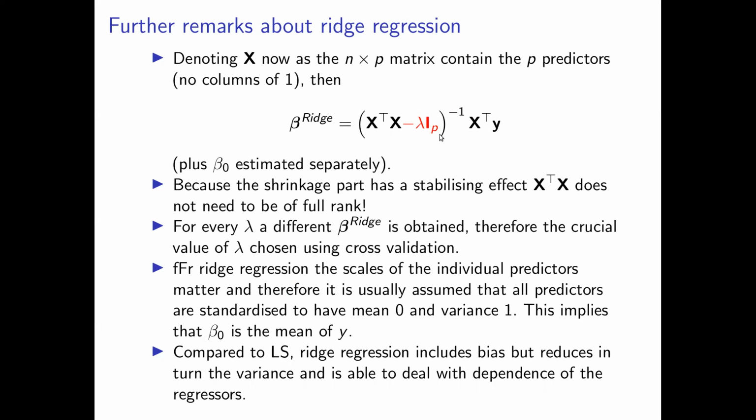This is referred to as the regularization property of ridge regression. It allows us to create some bias as opposed to the least squares estimator, but this is stabilizing, and it's also able to deal with dependence in our original data matrix.